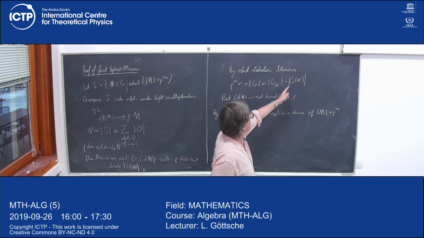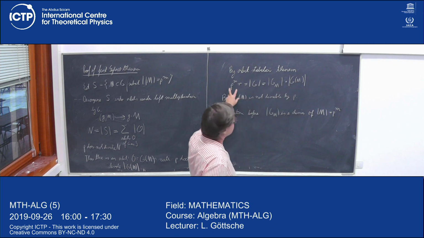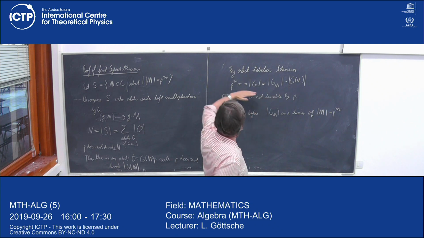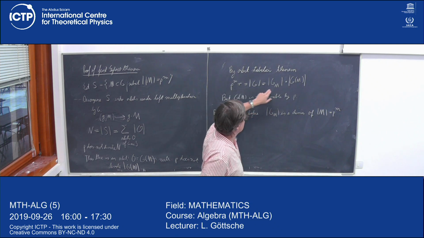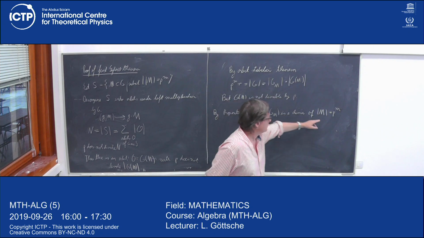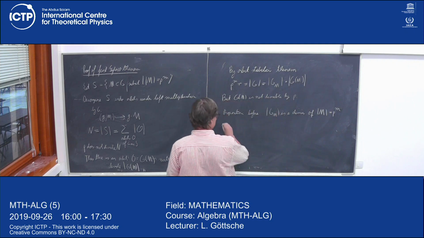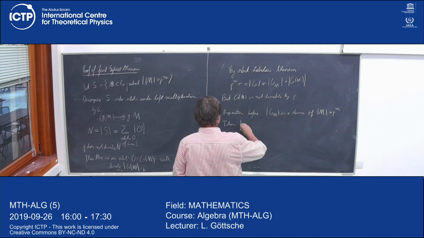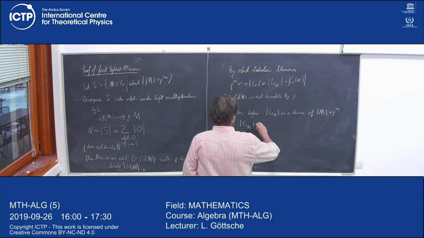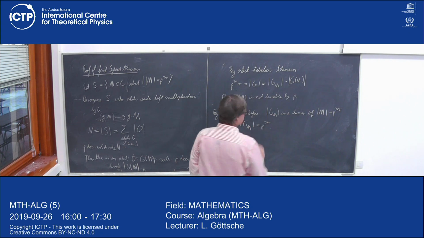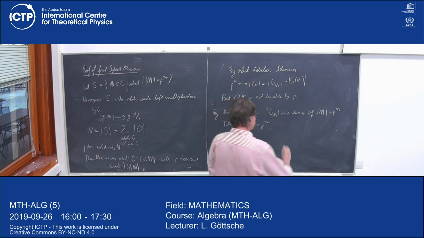This number is not divisible by p, but this whole thing is divisible by p to the m. So the only way this can happen is that the number of elements here must be divisible by p to the m, and because of this thing, it cannot be more than p to the m, so it is p to the m. So thus, the number of elements in G_M is p to the m. So it's a p-Sylow subgroup.